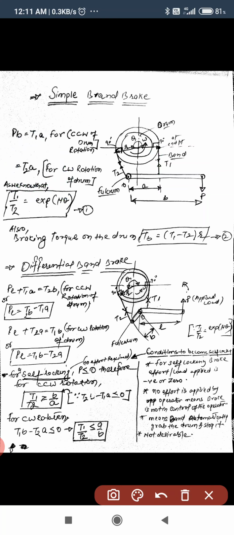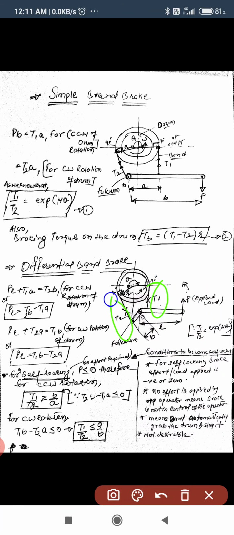In the differential brake system, we have a structure like this. Here we put this effort force, the applied force P, and these distances are B and L. Carefully see all the distances.